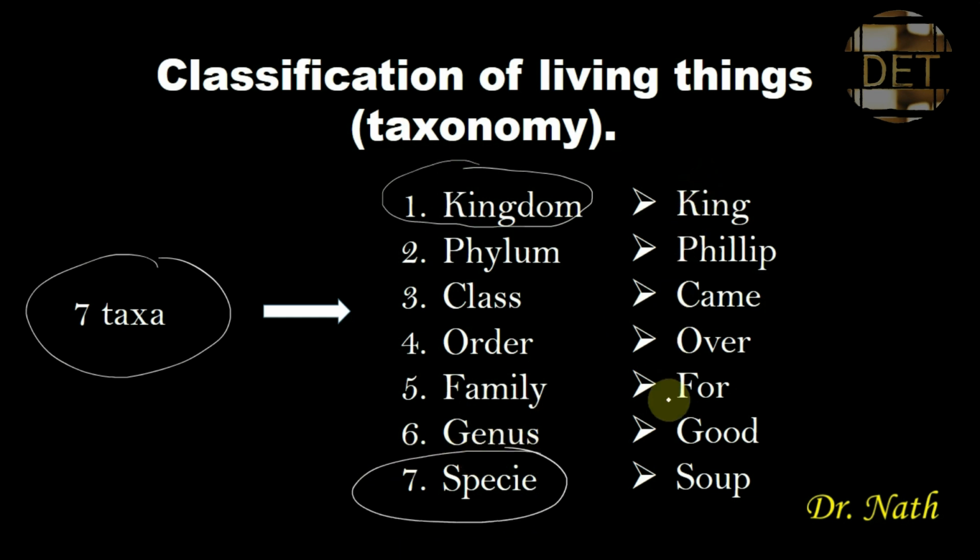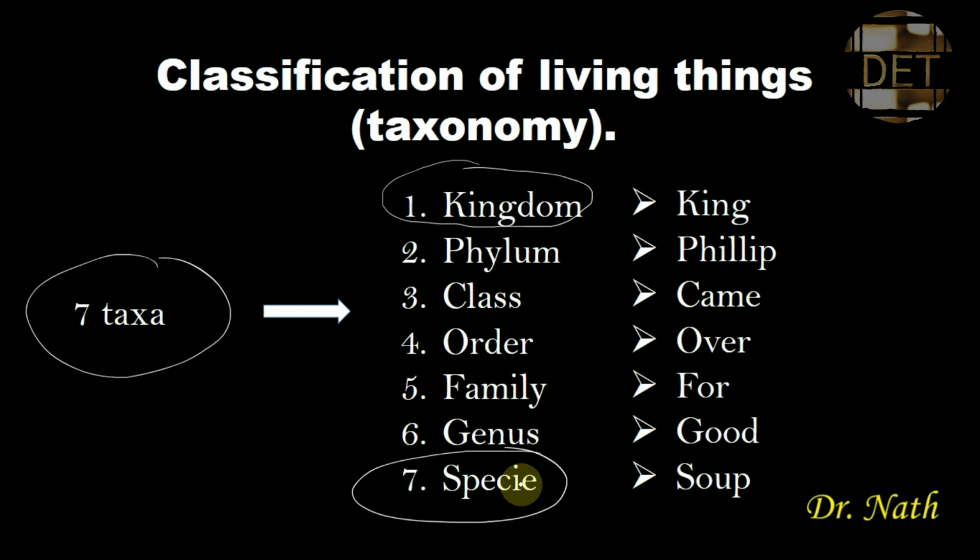And we can use this mnemonic to remember the 7 taxa. King Philip came over for good soup. The king is for the kingdom, Philip is for the phylum, came is for class, over is for order, the for is for the family, the good is for the genus, while the soup is for the species.